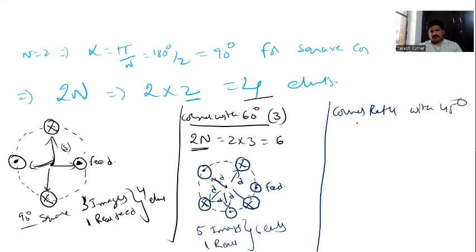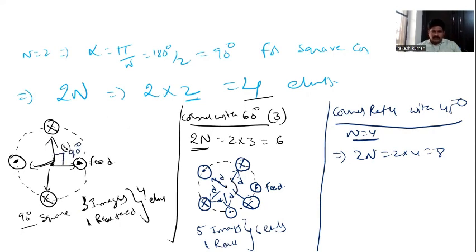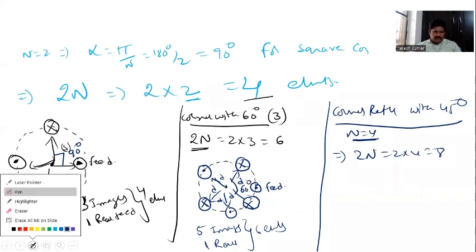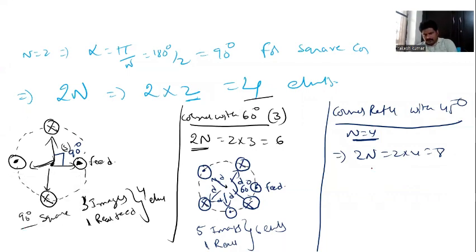Similarly, for a corner reflector with 45 degrees, what is the value of n? n is equal to 4. So according to the image principle, how many elements will be there? 2n, that is 2 into 4 is equal to 8. Here the angle is 90 degrees, here the angle is 60 degrees. Let us consider this: first draw the circle. This is my original feed element.